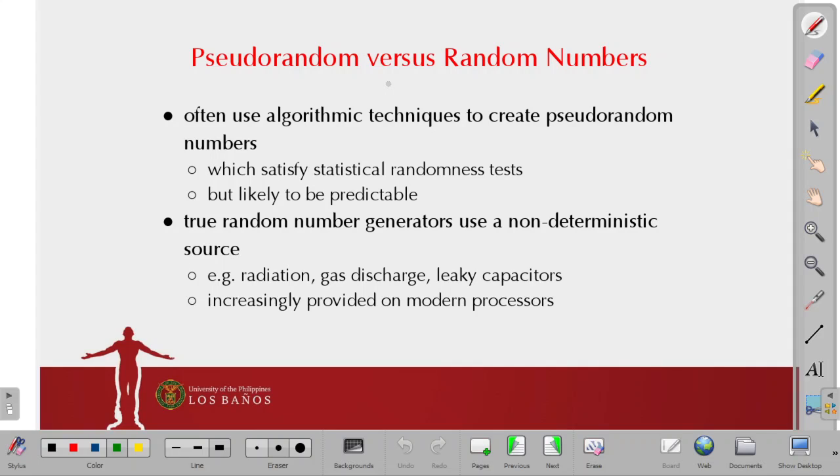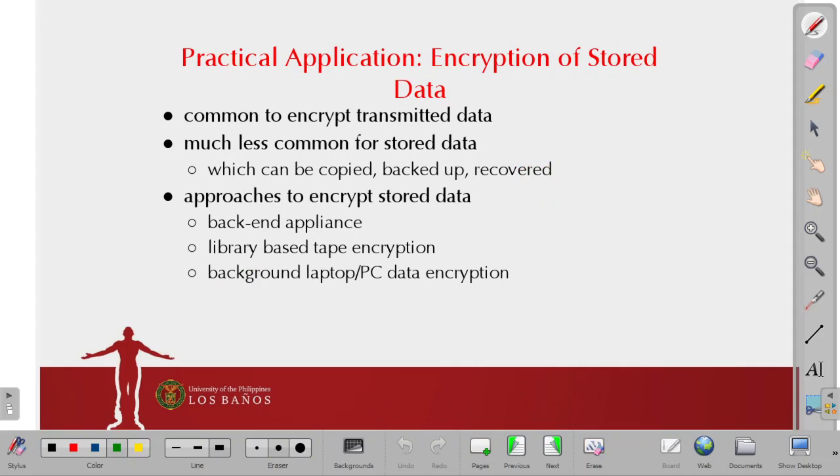So often algorithms are used to generate pseudo-random numbers which satisfy some tests. And true random numbers actually are generated from non-deterministic sources like radiation, lava lamps, etc. So those are true random number generators.